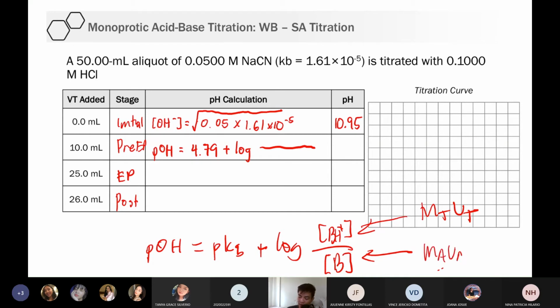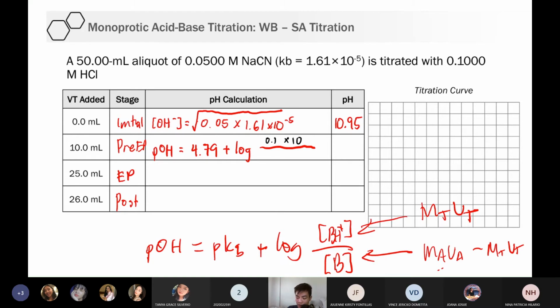So, MABA minus MTBT. Yung titrant kulay black. Okay. Titrant is black, 0.1 times 10. Denominator tayo, MABA minus MTBT.